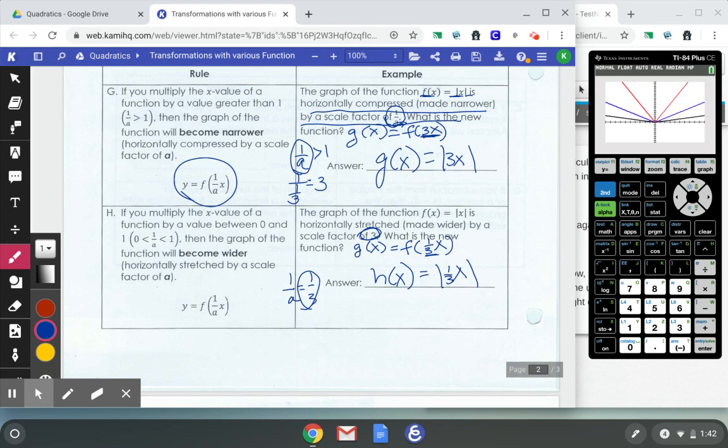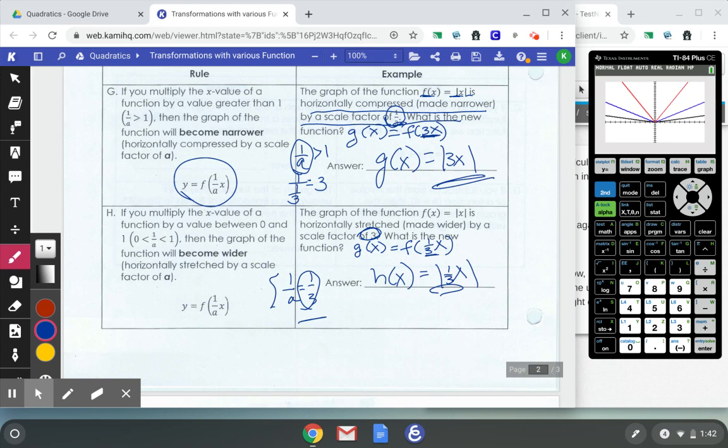Think like opposite. If that value of 1 over a ends up being greater than 1, it will be a vertical stretch. If the value 1 over a is less than 1, it will make it wider, a horizontal stretch.